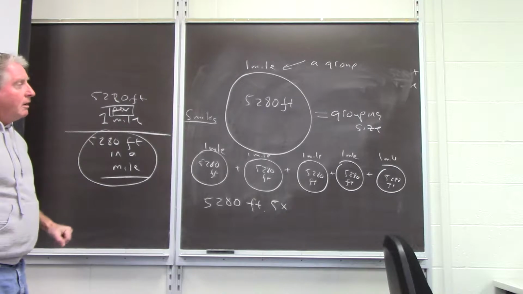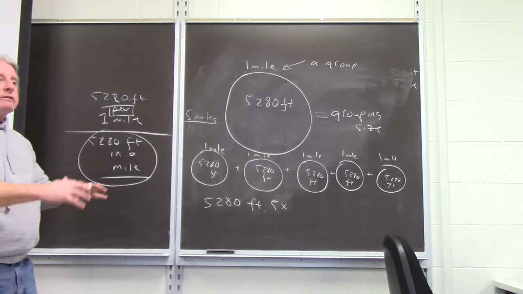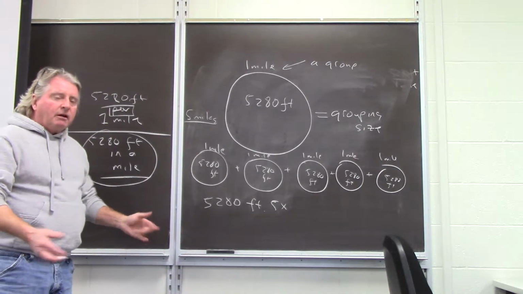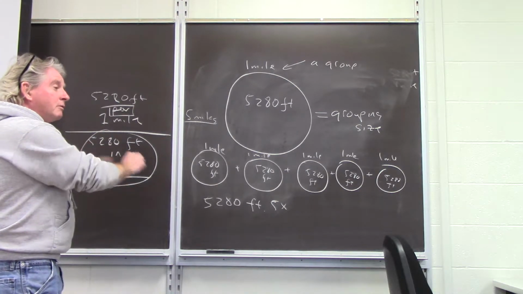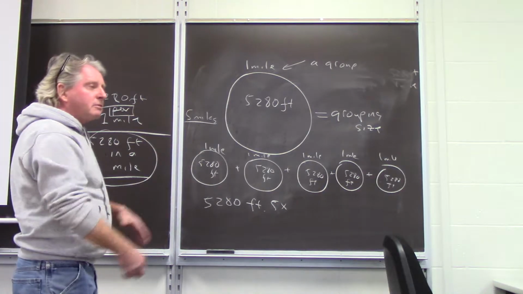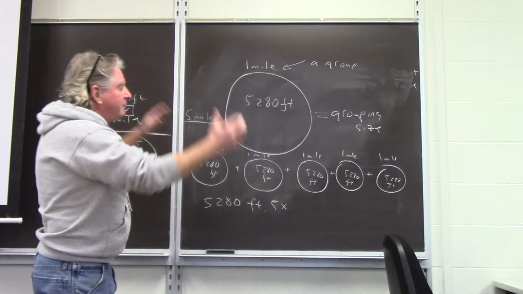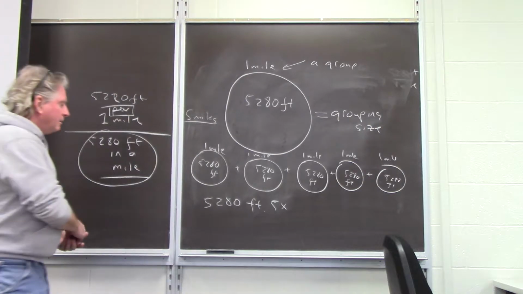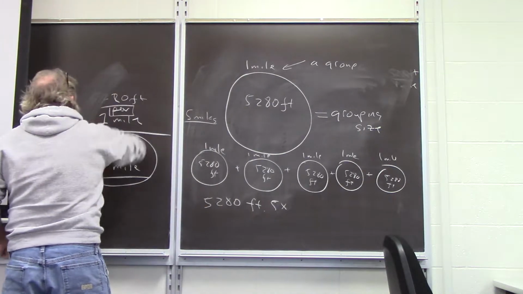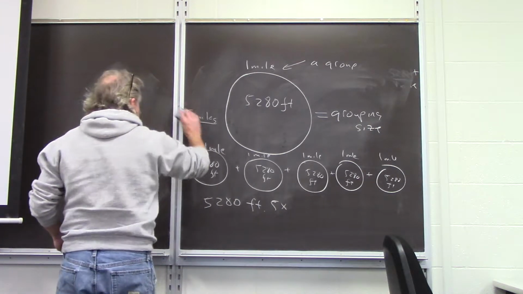What I want to do is get away from the conversion factors, because all that does is you cross things out, but it really doesn't explain what's happening. Using groups here, I'm able to explain what is going on. So let's talk a little bit more about groups.